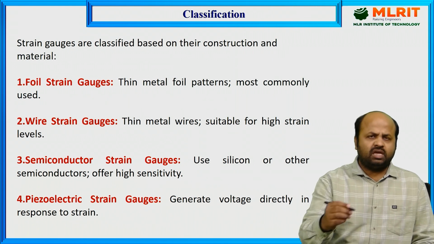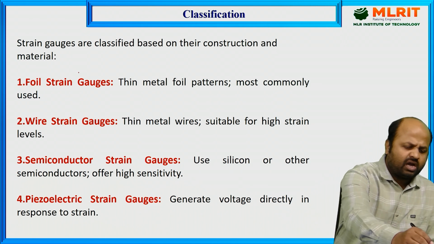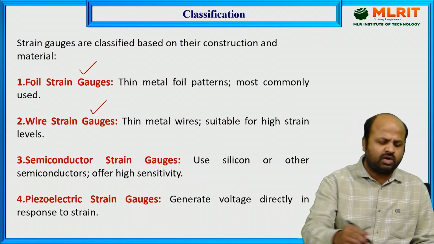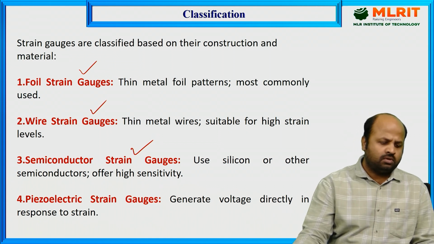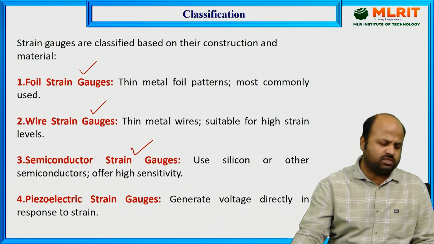So we will take the different types of strain gauge. We have foil strain gauge, wire type strain gauge, semiconductor strain gauge, and piezoelectric strain gauge. The foil type of strain gauge is a thin metal sheet.